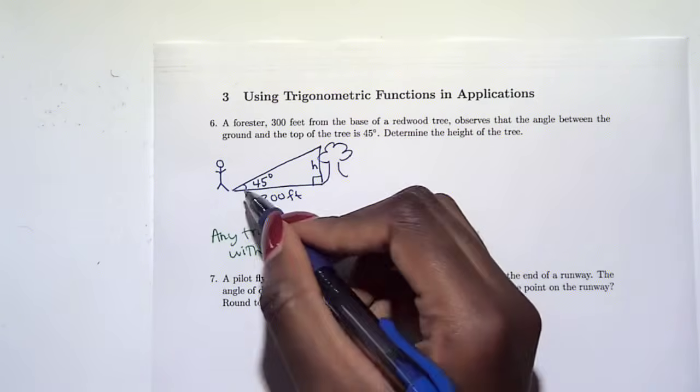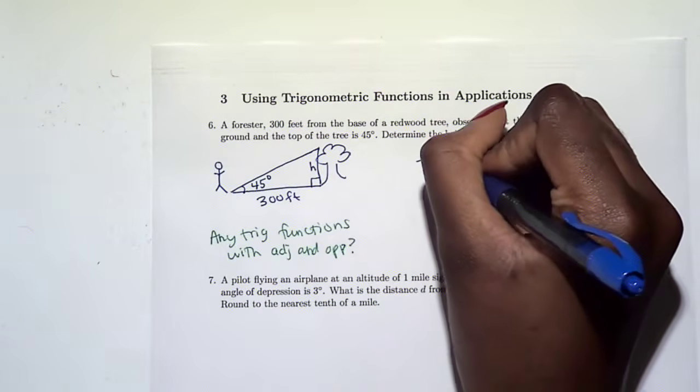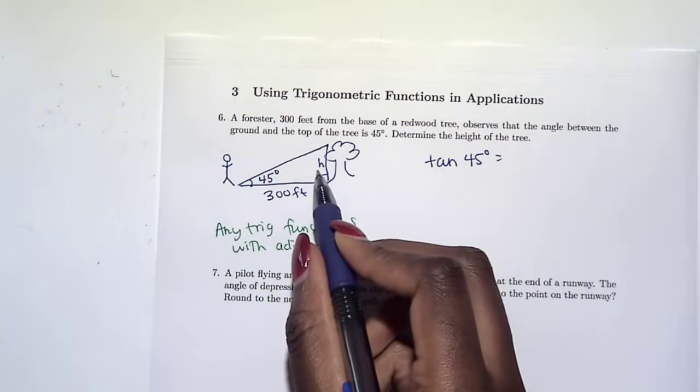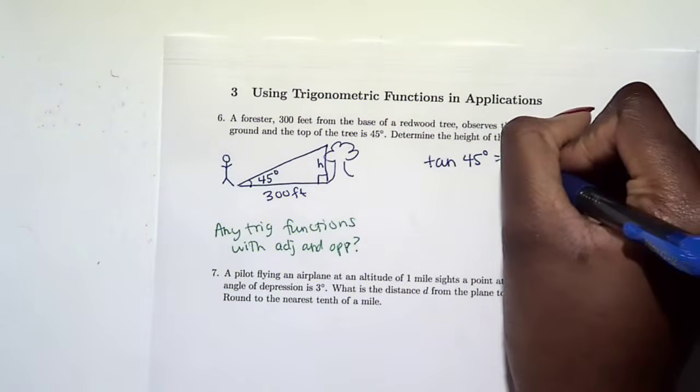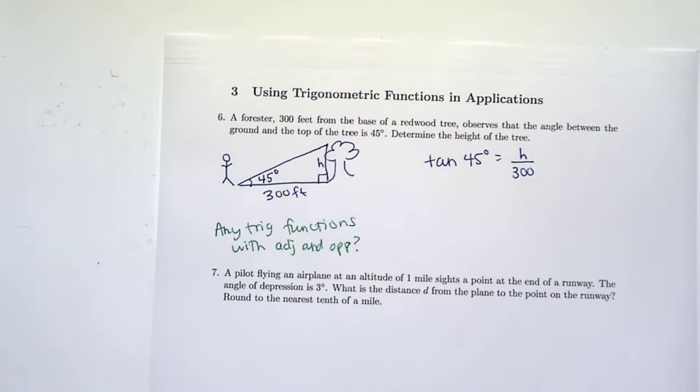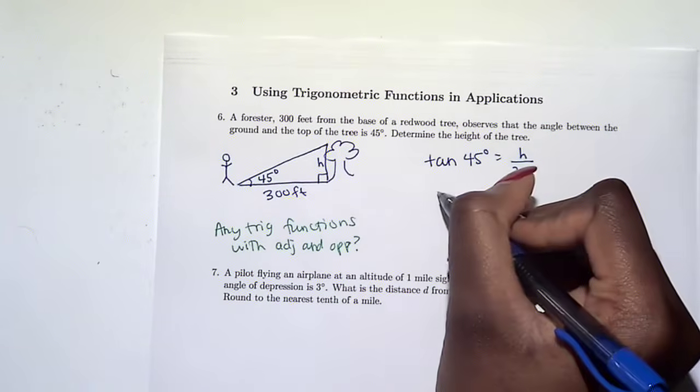So that means we should be able to find tangent of 45 degrees is opposite, which is our H, over adjacent, which is 300. Now we can solve for H by multiplying 300 on both sides.